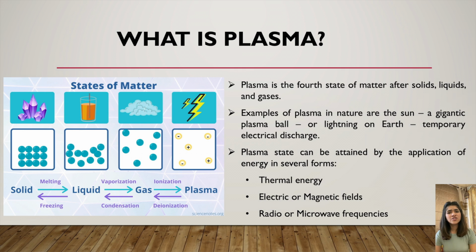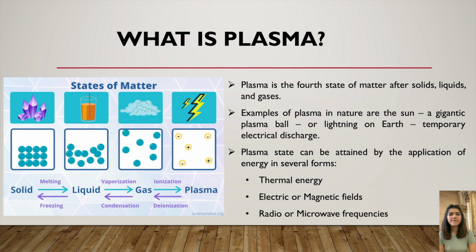Now, the energy needed to generate plasma can be supplied in several ways, such as through electrical discharge in gases or through interaction between laser radiation and solid, liquid or gas. So basically, plasma is the fourth state of matter after solid, liquid, and gas.